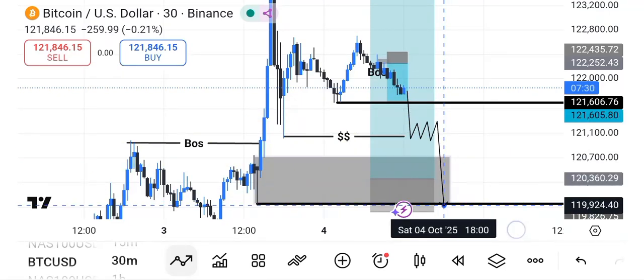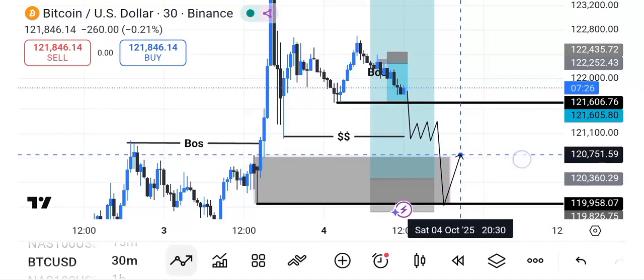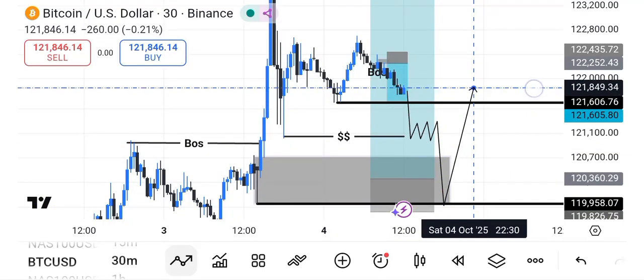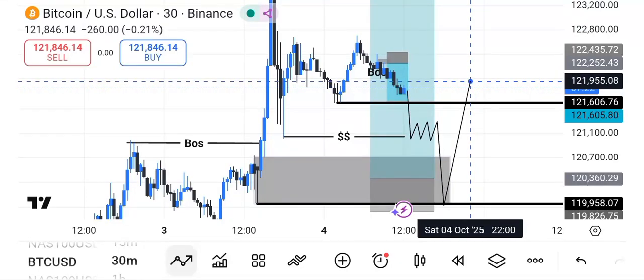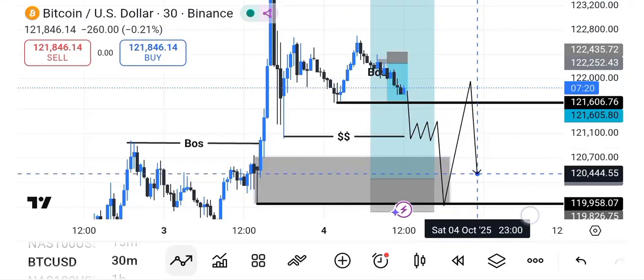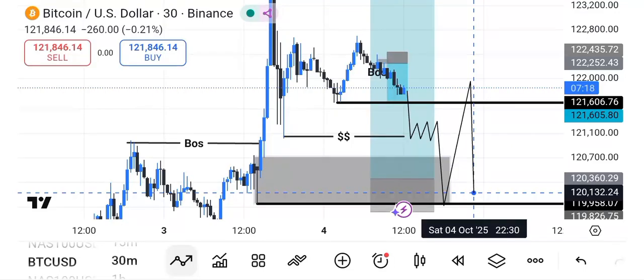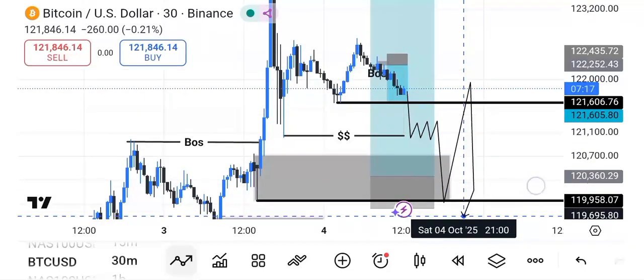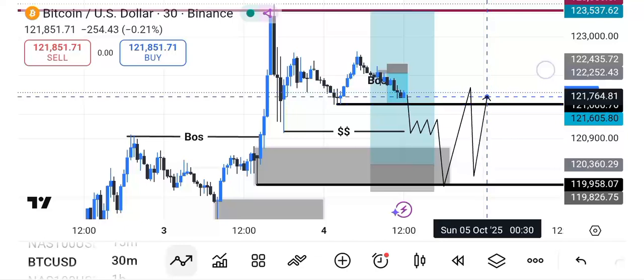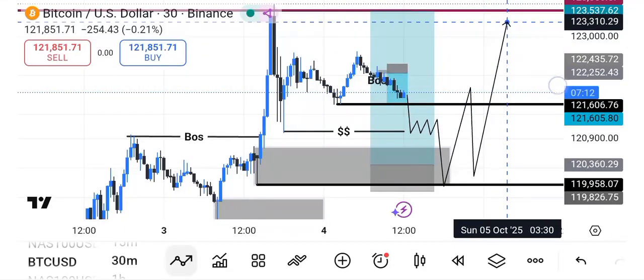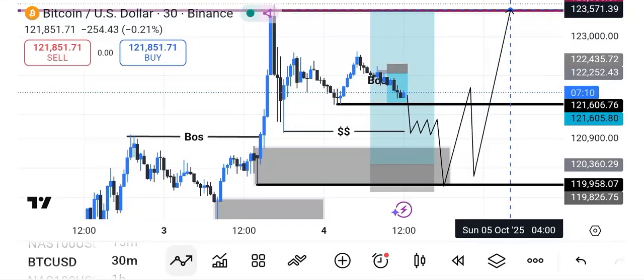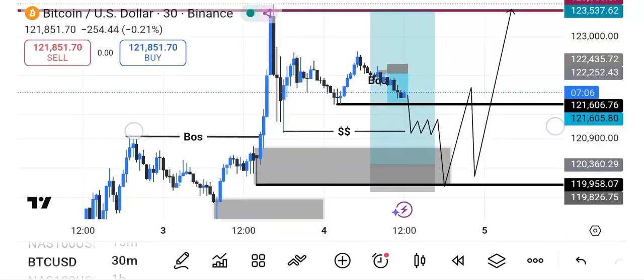Once it comes to this zone, it will spike up past here, come to the origin, and then go back up to this zone, and that will be our TP.